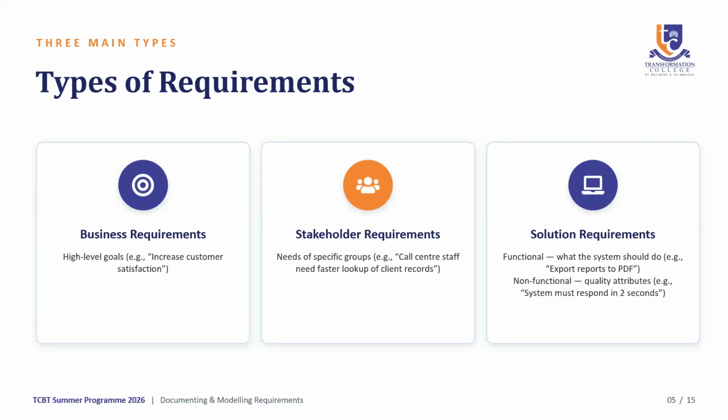So it's actually five, not three categories here. This is just an overview. Business requirements, stakeholder requirement, solution requirement, which is split into two, the functional and the non-functional requirement. Then the last is the transition requirement.